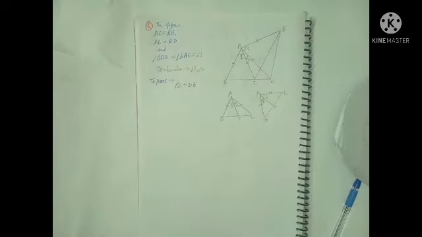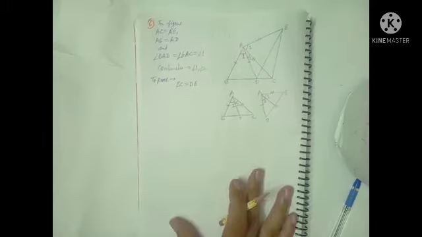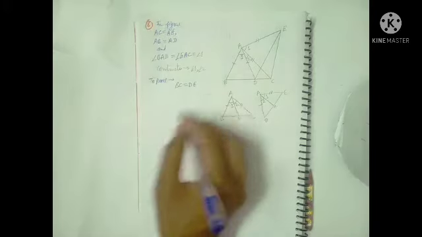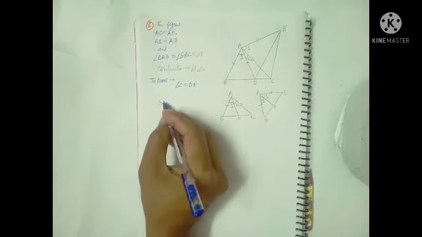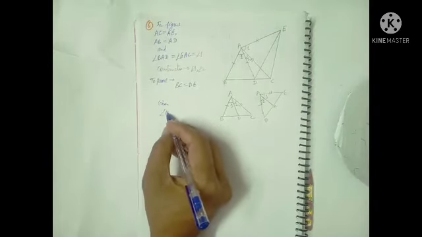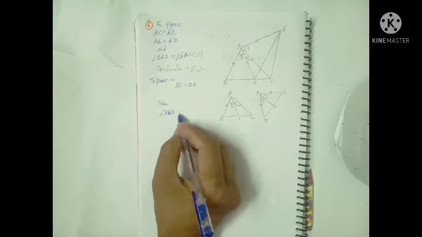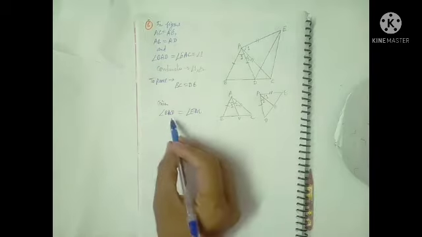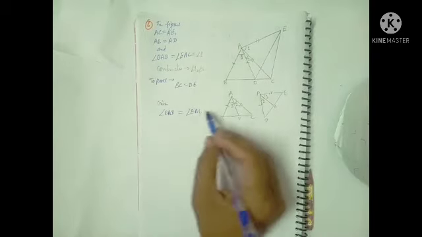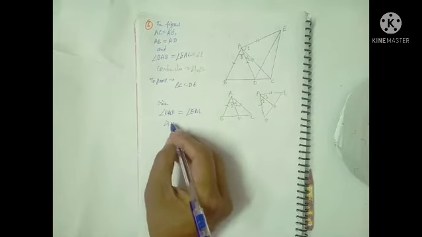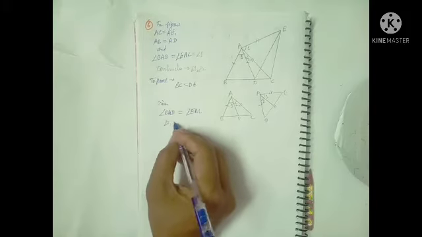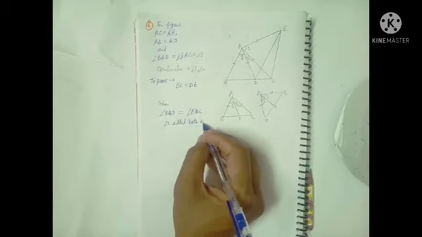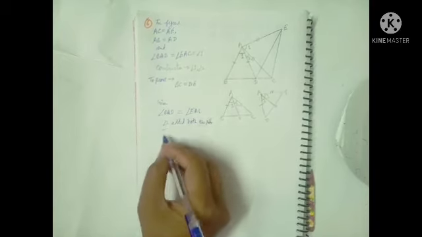Now students, it's very simple. Look how to do. Given: angle BAD is equal to angle EAC. If you add angle 2 to both sides, then what will come?